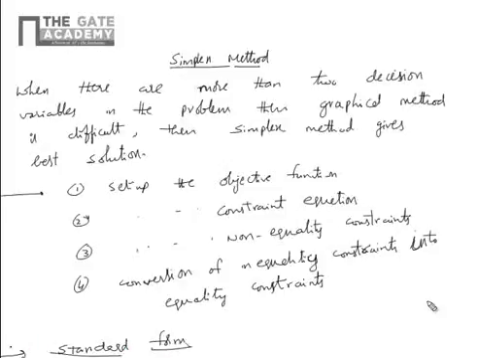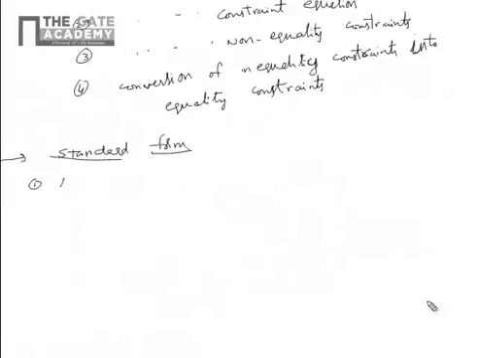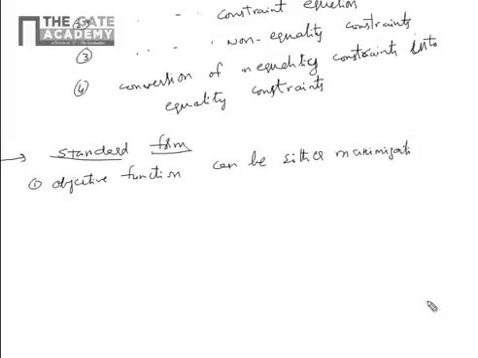In standard form, problem can be either maximization or minimization. So first rule, objective function can be either maximization or minimization.